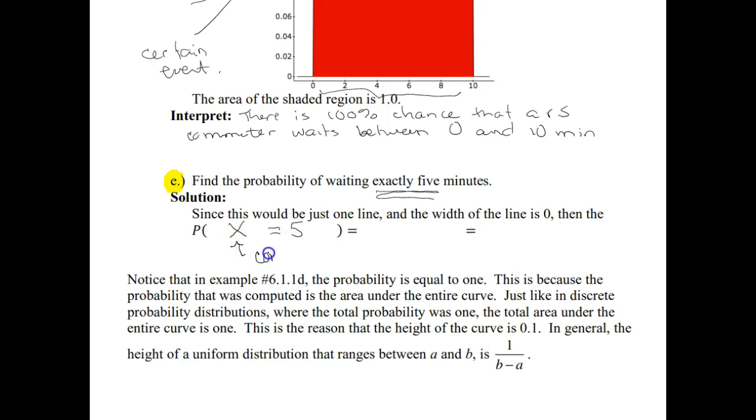So if we were looking at our distribution here from 0 to 10, we would be looking at an interval that starts at 5 and ends at 5. Okay? So the base of our rectangle would be 0 times the height of 0.1, so there is no area under a curve at a single point.